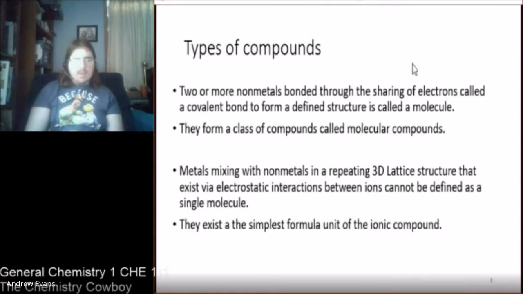Because of that, they have a completely different naming structure, and those are called ionic compounds. So a metal and a nonmetal make an ionic compound because they have ionic bonds, and two nonmetals together make a molecular compound because they have covalent bonds.